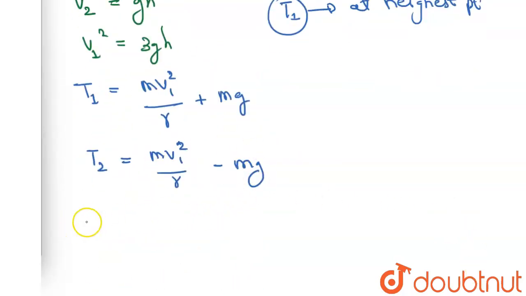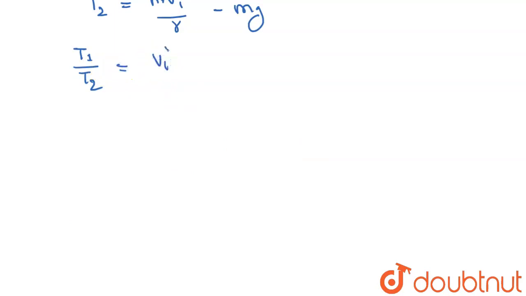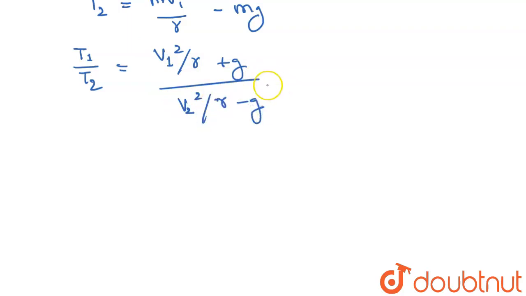So now we'll simply divide T1 over T2. This will be v1 square over r plus g over v2 square over r minus g.